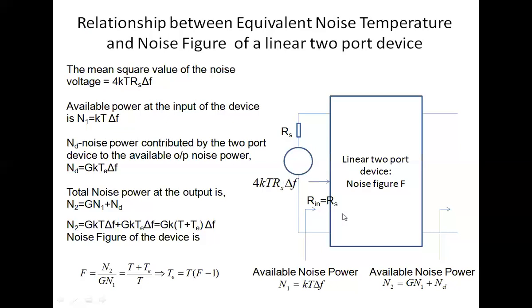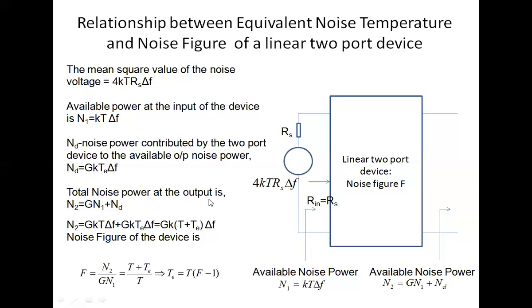As I said earlier, whenever we pass the signal through the device, the noise at the output will be a contribution by the source as well as by the device. We define ND as the noise power contributed by the device to the available output noise power. So ND, the noise power due to the device, is G times k TE delta F, where G is the power gain of the device.